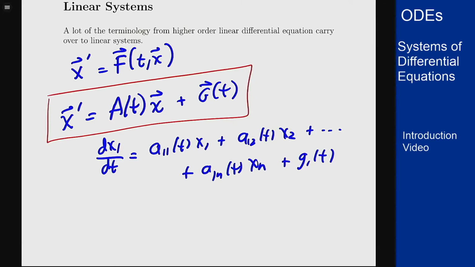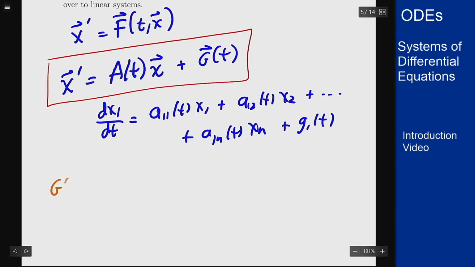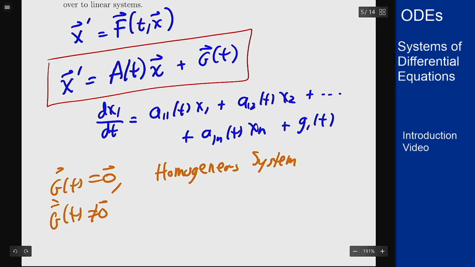This g of t determines whether it's homogeneous or non-homogeneous. If g of t is 0, then it's a homogeneous equation or a homogeneous system. And if g of t is not 0, then it's non-homogeneous, just like we'd come to expect from higher order equations as well.